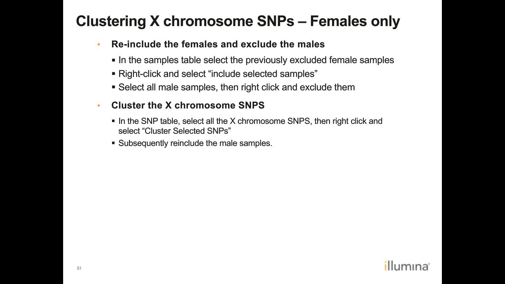Switch to the SNP table and highlight the X chromosomes, then right-click and select Cluster Selected SNPs. So you are now clustering the X chromosome SNPs based on female samples. Once you've done this, you can select the male samples and re-include them.